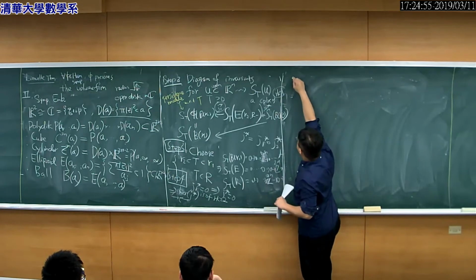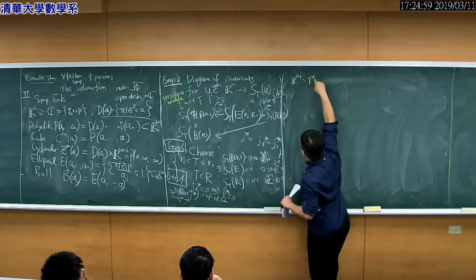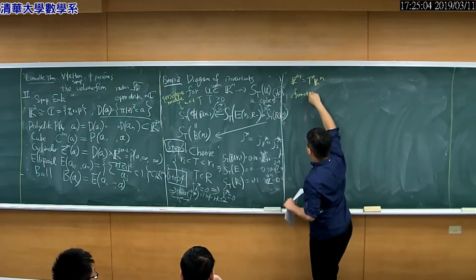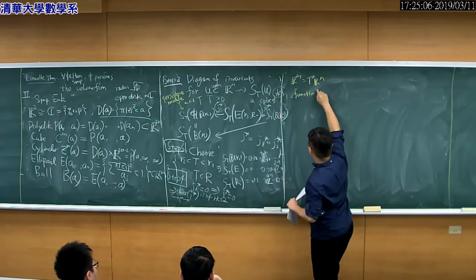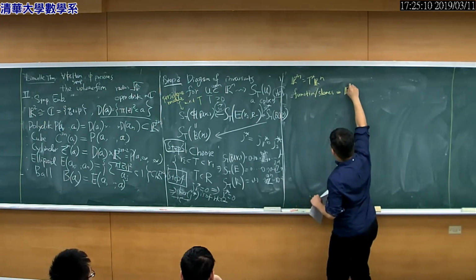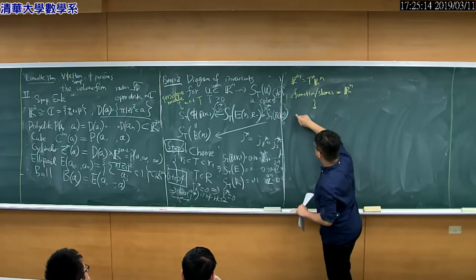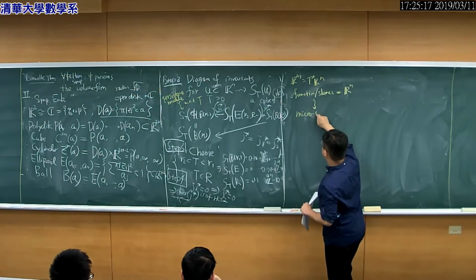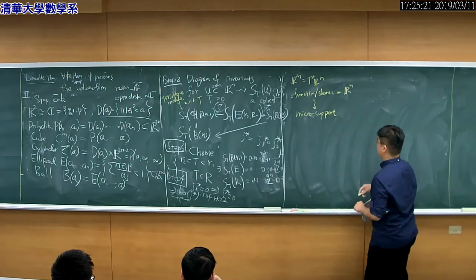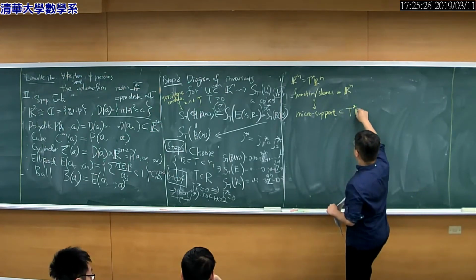Why it's called micro is because this one can be realized by T star Rn. So we can use functions. In my version, it's actually sheaves on Rn and taking their micro-local singular supports.